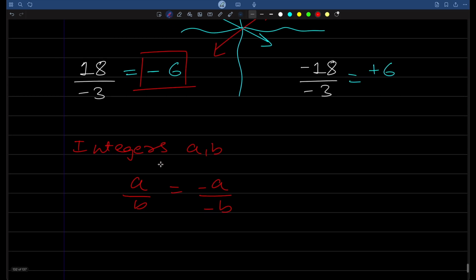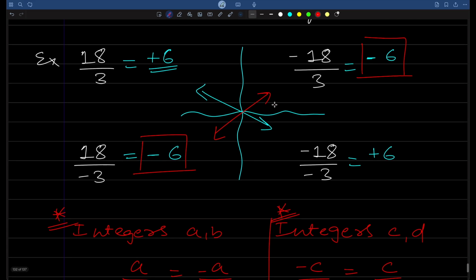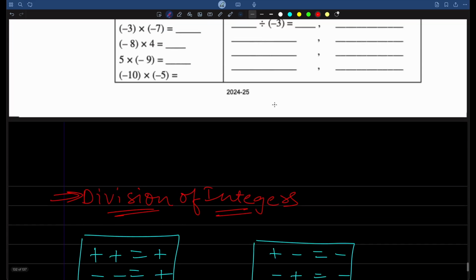So we can write that for integers c comma d, we can write minus c divided by d, that is equals to c divided by minus d. These are the two properties of the division of integers.